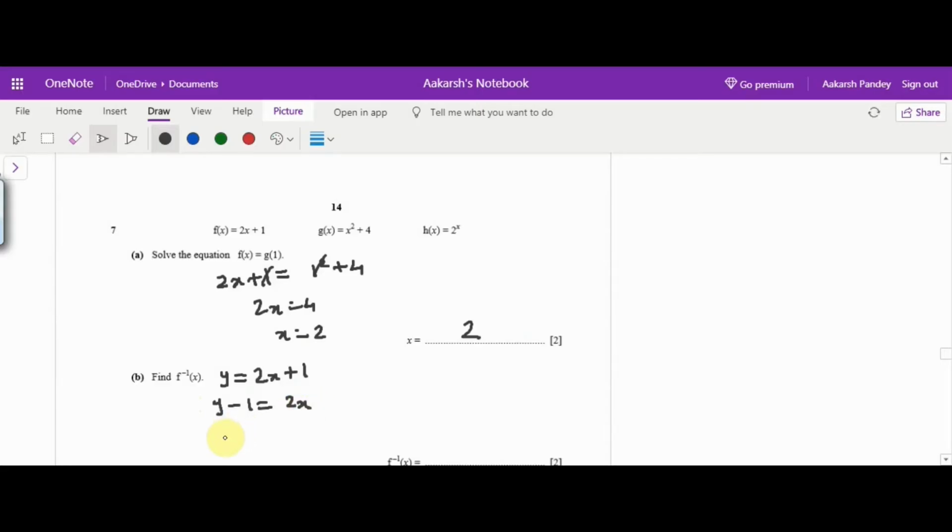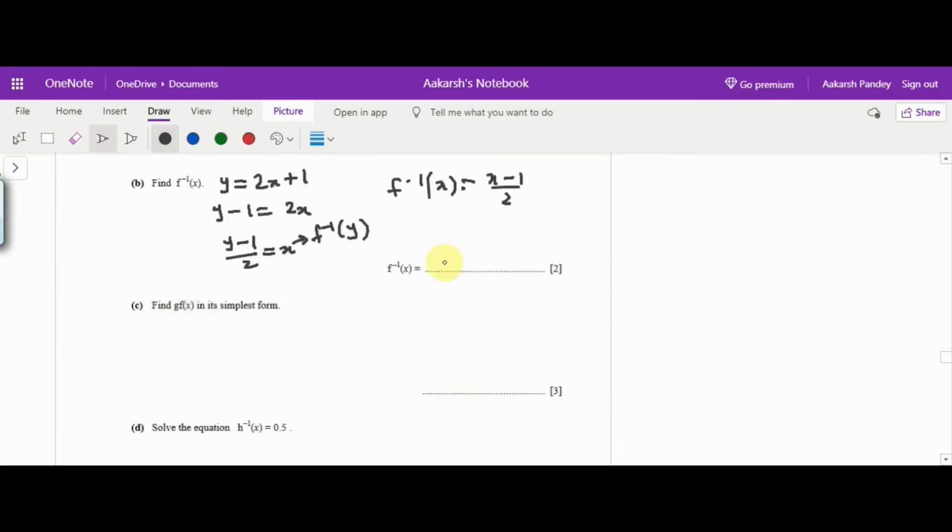Now I'll divide by 2. So I get y minus 1 by 2 is x. Now we have f inverse of y, but I want it in terms of x. So I'll just replace y with x wherever I have y. So f inverse of x is x minus 1 by 2.